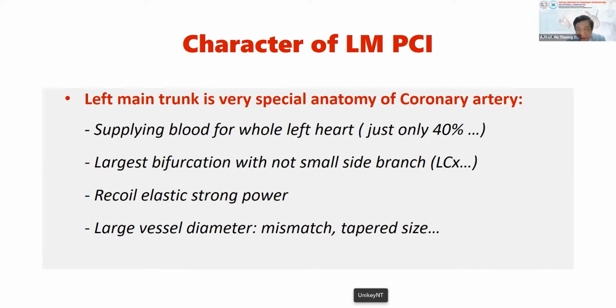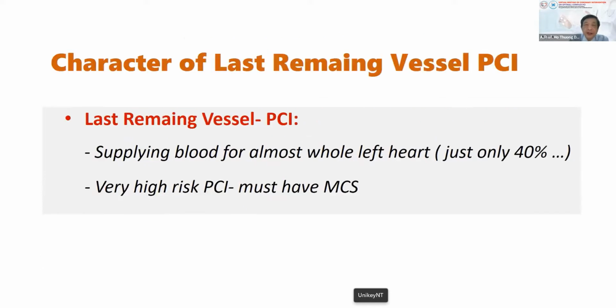It's the largest bifurcation, with a not small side branch circumference. It has a strong elastic recoil power, and it has a large vessel diameter. There is a big mismatch between the left main and the LAD and circumflex.